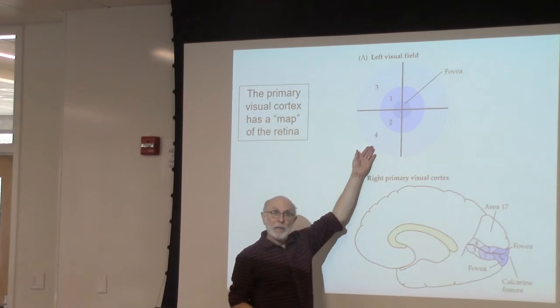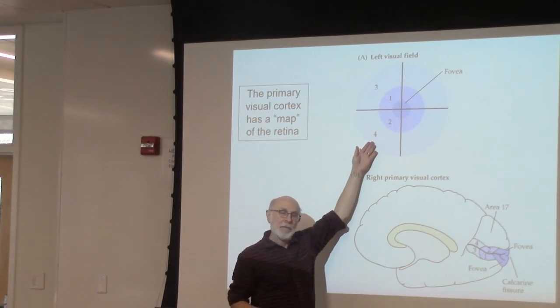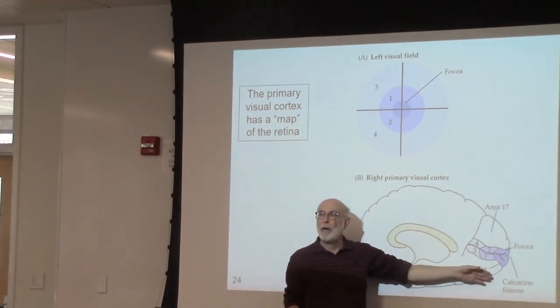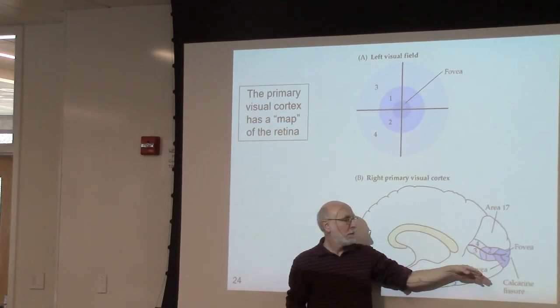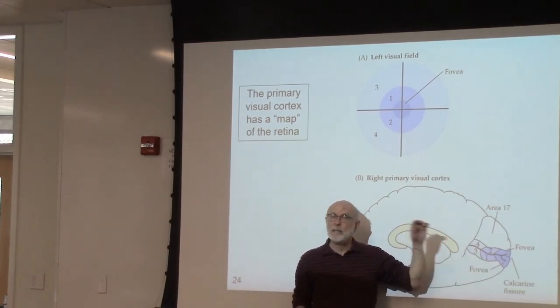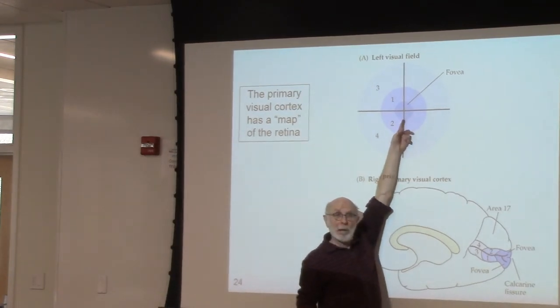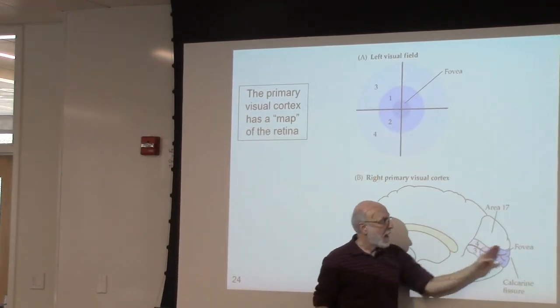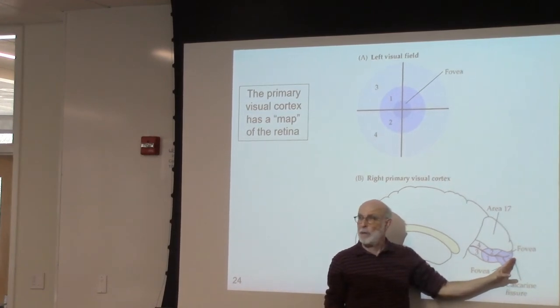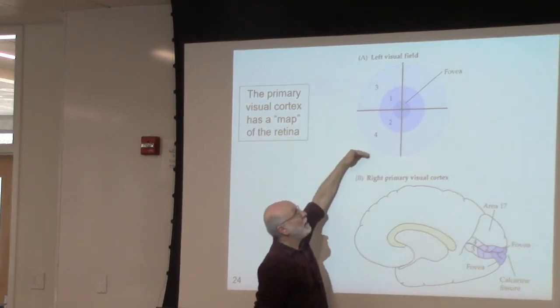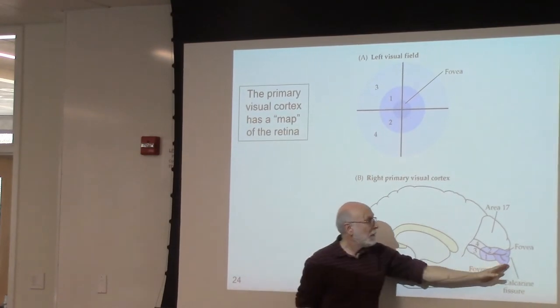In the visual field, the visual field is mapped onto the gyri above and below the calcarine sulcus. The center of the visual field is mapped posterior, and the periphery of the visual field is mapped anterior.